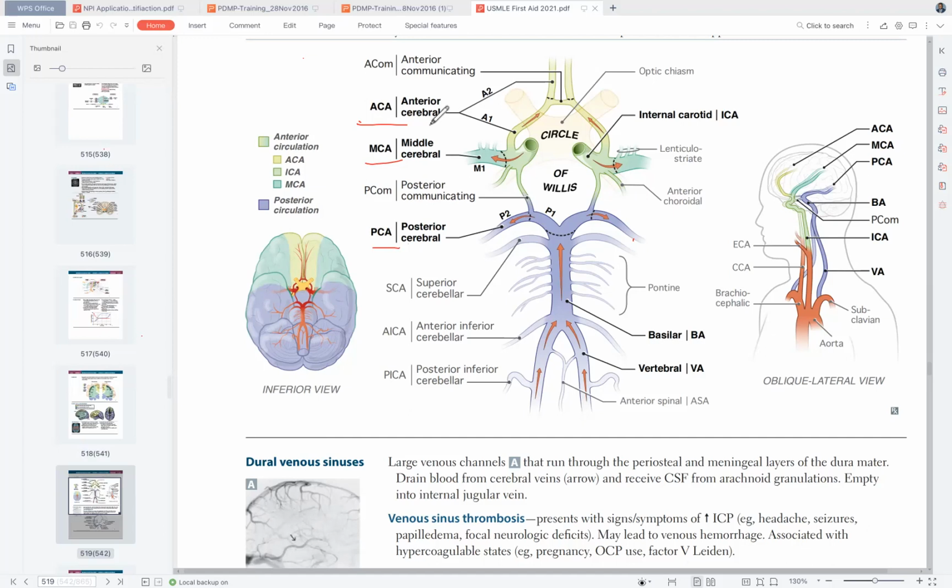So my question to you is, if somebody has an MCA stroke, what symptoms would they have? Then they will have more of the arm and the face. Correct. All right. And ACA will be what? ACA will have more of the legs. More of the legs. This is good.